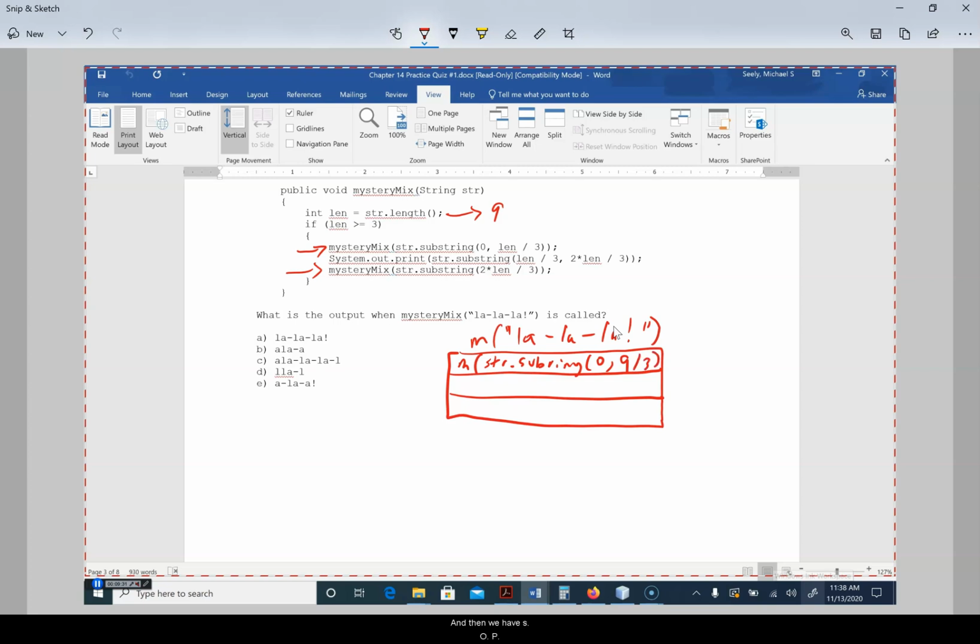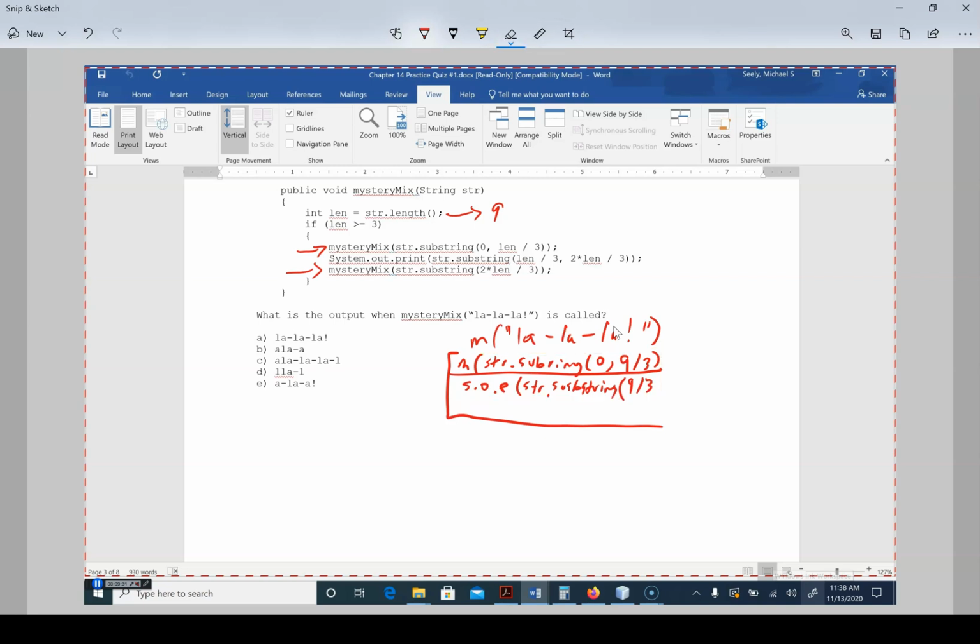Then we have System.out.println, which is the str.substring with the length, which is 9 divided by 3, comma, 2 times 9 divided by 3.